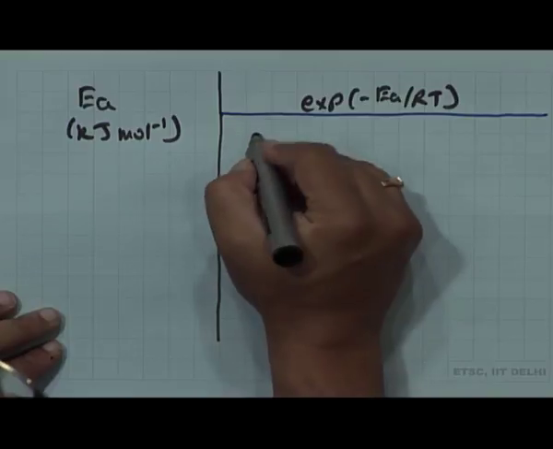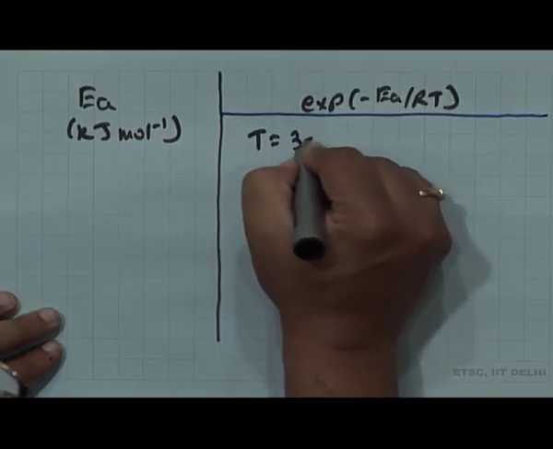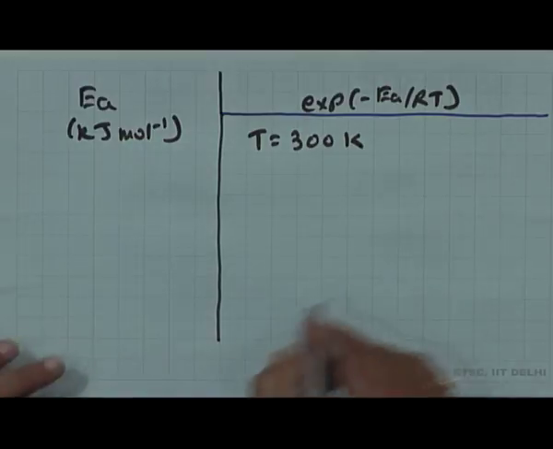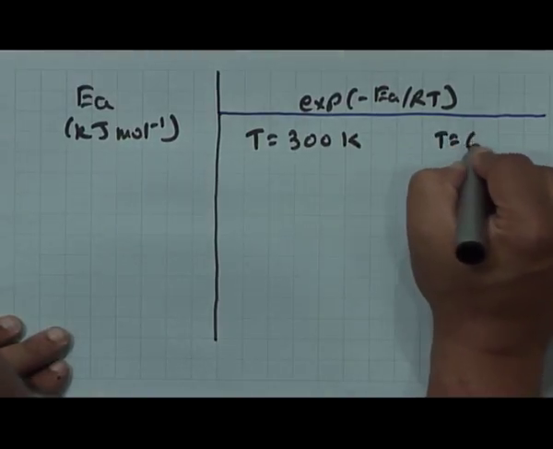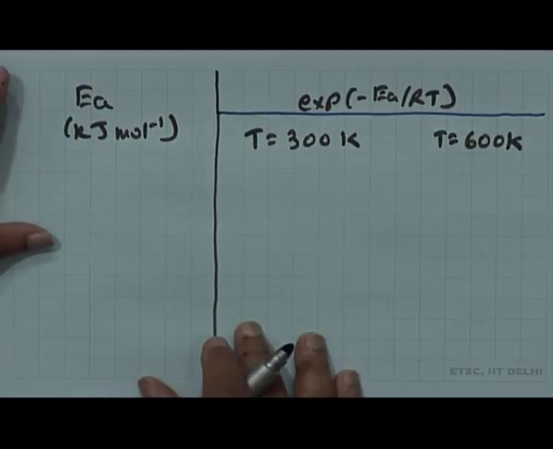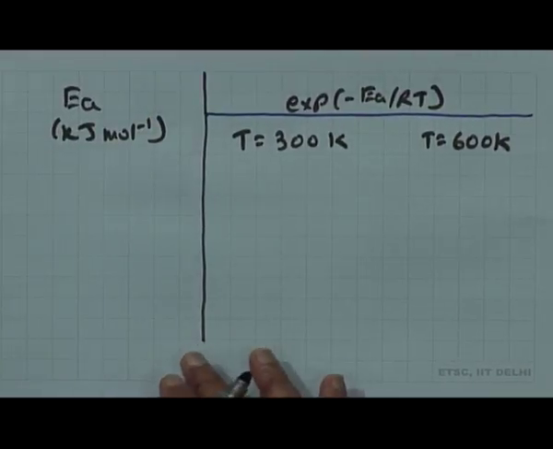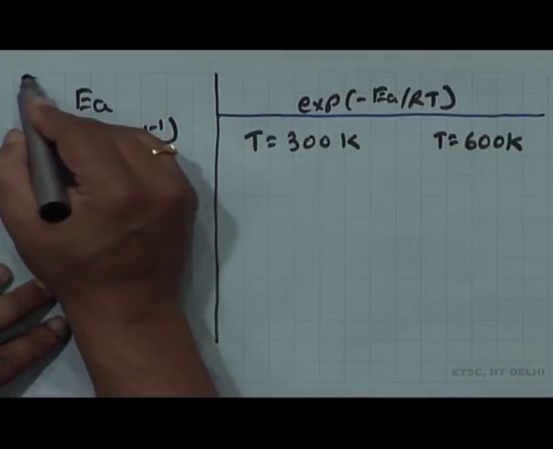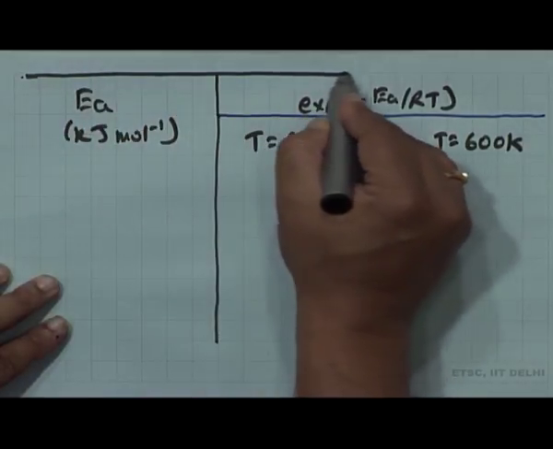One is T equal to 300 Kelvin, and the other is T equal to 600 Kelvin. So, these are my 2 different temperatures. Let us go ahead and complete the table.